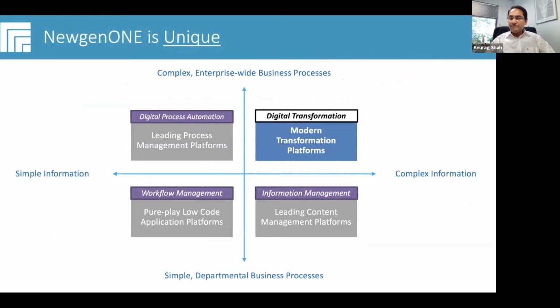And let me again plot the same graph which we saw on the previous slide. If you look at it from the digital transformation perspective, that right quadrant that we see here is where you are managing your content, you are managing your process, and you are bringing in your customers, your employees, your partners. If we look at, let's say, a commercial loan origination process, there are partners who are contributing into your process.